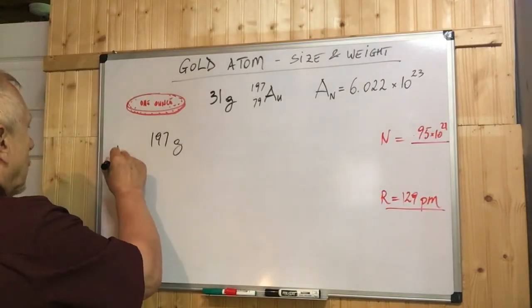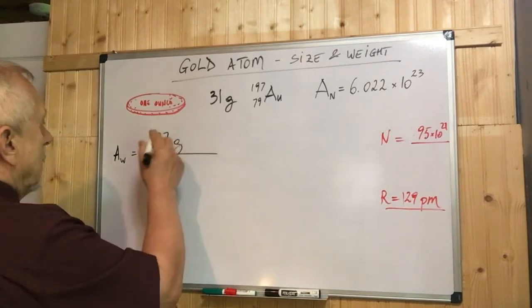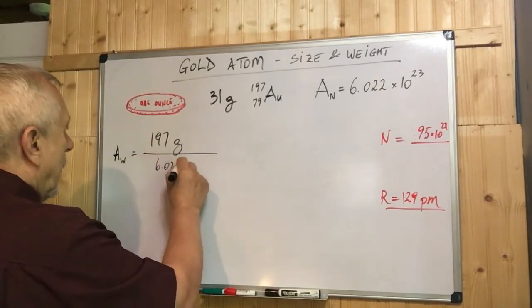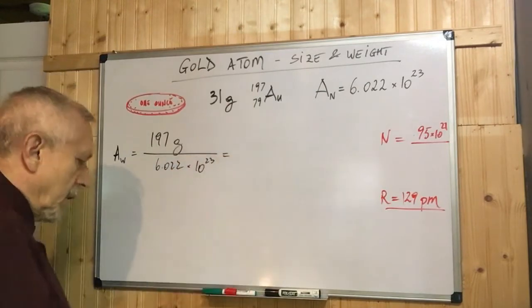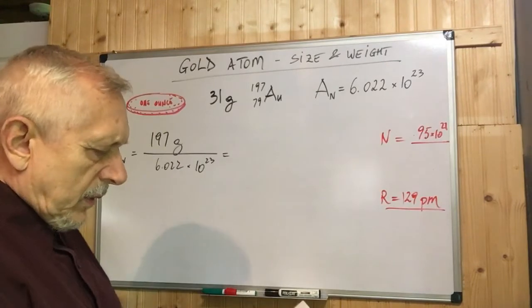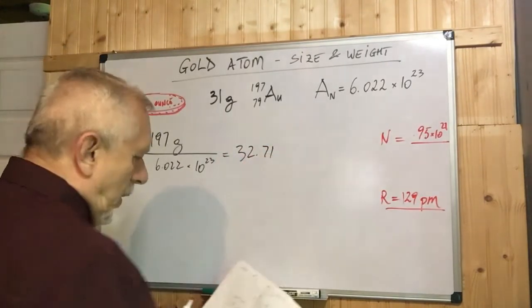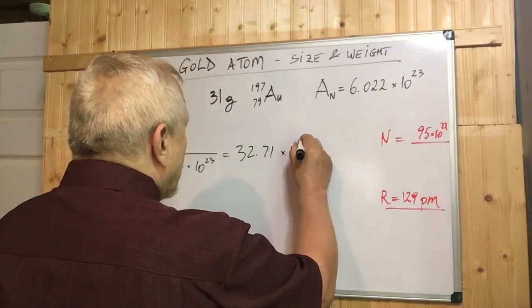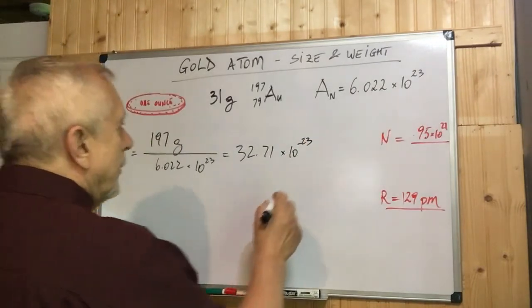Atom weight equals 197 over 6.022 times 10 to the power of 23, and using a calculator we get this number, 32.71 times 10 to the power of minus 23 grams.